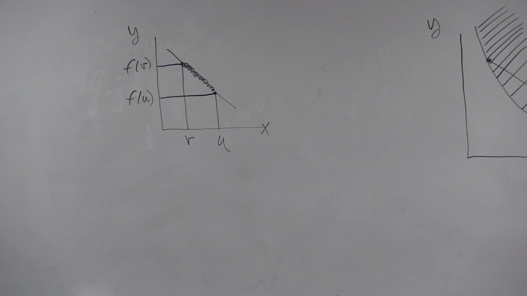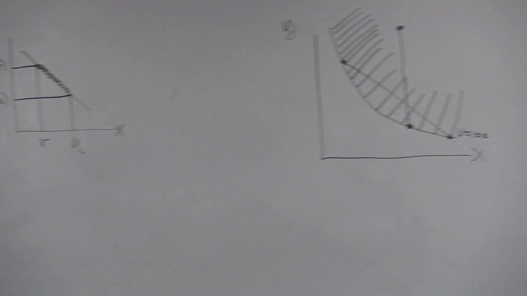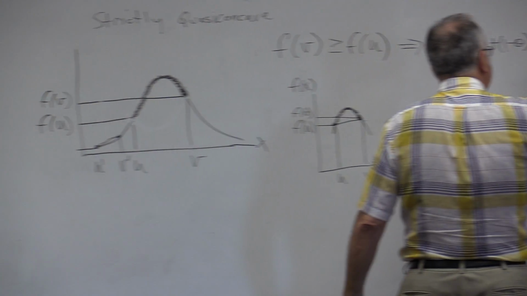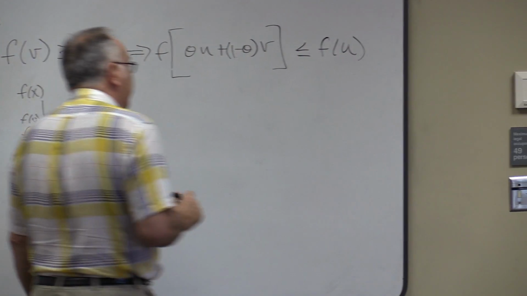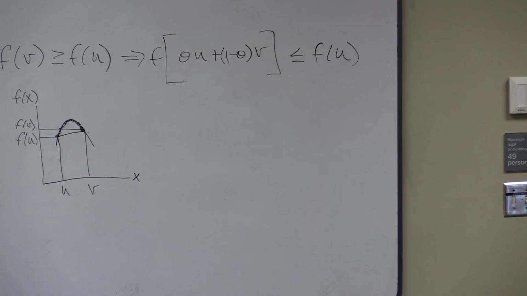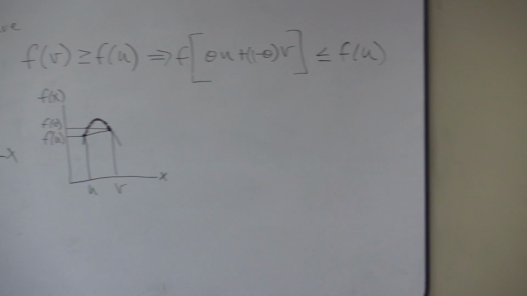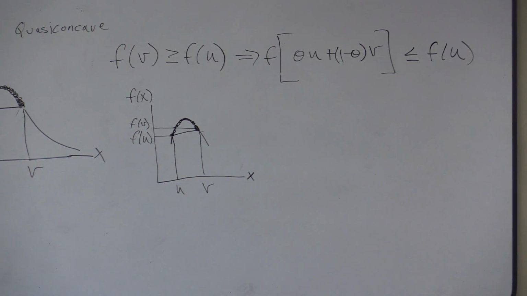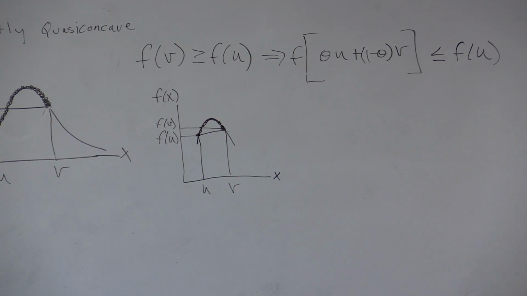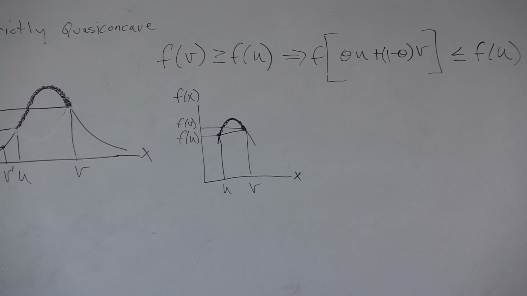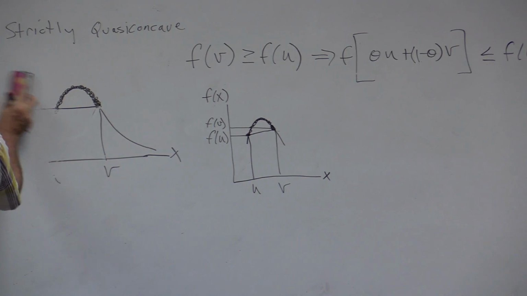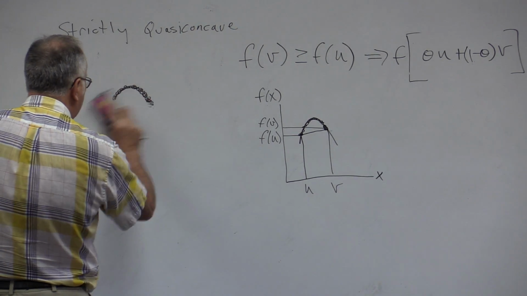For quasi-convexity, all you have to do is take this and change it to a less than or equal. Then that's the condition for the function to be quasi-convex. A quasi-convex function would be an upside-down bell-shaped curve.